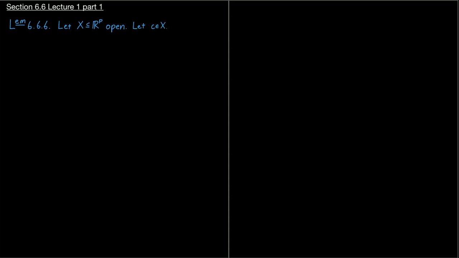C is a point of X. Because X is open, that means it's an interior point, and let's let F be a function from X to the real numbers. You can put it together for yourself if you ever need a function from X to Rq. I'm very sorry if that does happen because that's just notationally nasty.